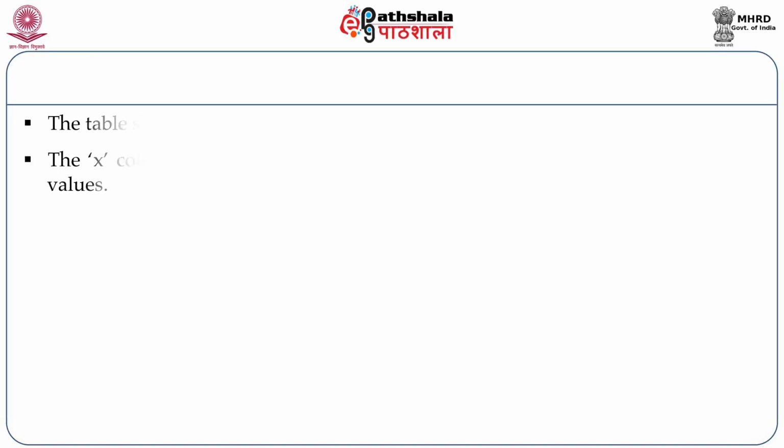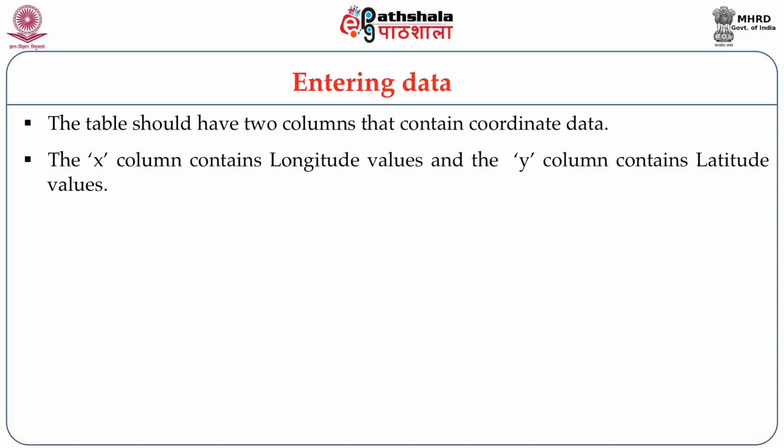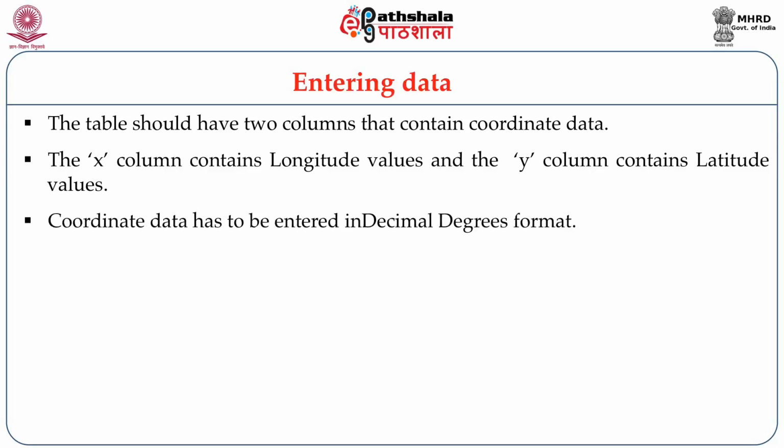Usually the column known as the X column contains the longitude values, and the Y column contains the latitude values. And this coordinate data has to be entered preferably in a decimal degrees format. So instead of the degree, minute, second format, it is advisable to enter this data in decimal degree format.